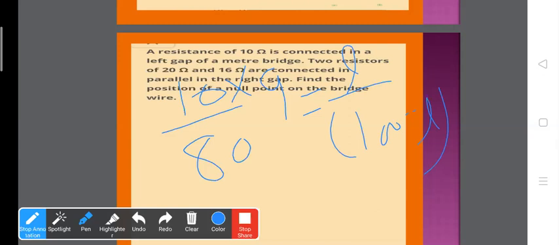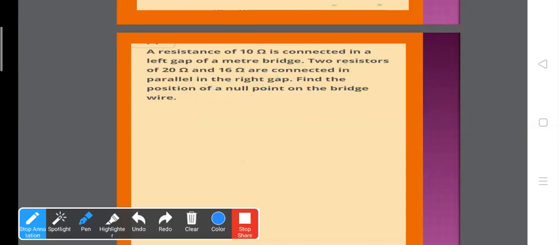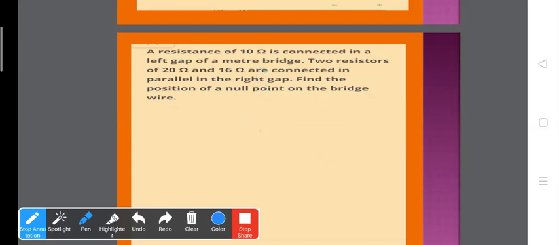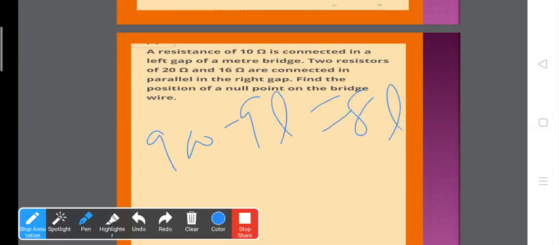So from this equation, you have to find the value of L. Try to solve this equation. You will get 9 upon 8 equal to L upon 100 minus L. After that, you will get 900 minus 9L equal to 8L.